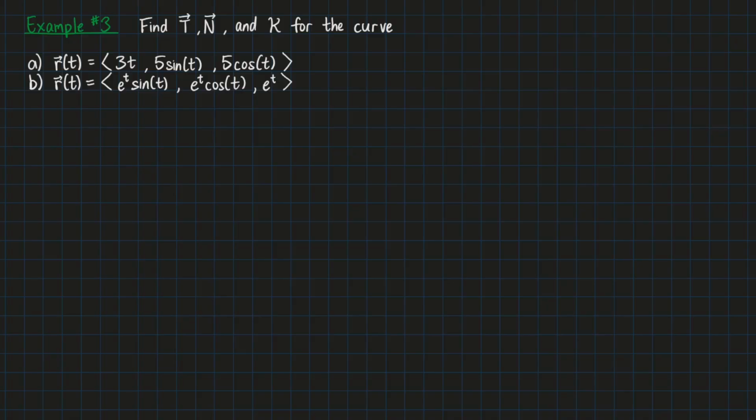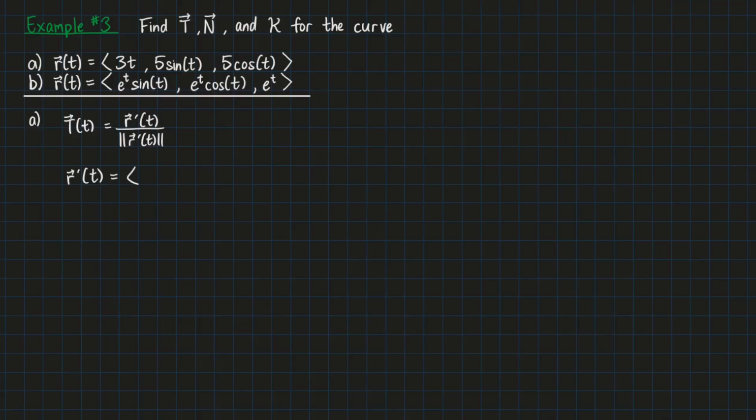Let's do example 3. Find T, N, and kappa for the curve r(t). So for a, we have r(t) equals ⟨3t, 5 sin t, 5 cos t⟩. Remember, the unit tangent T equals r'(t) over the magnitude of r'(t). Alright, so first let's find r'(t). Taking the derivative of r(t), we have ⟨3, 5 cos t, -5 sin t⟩.